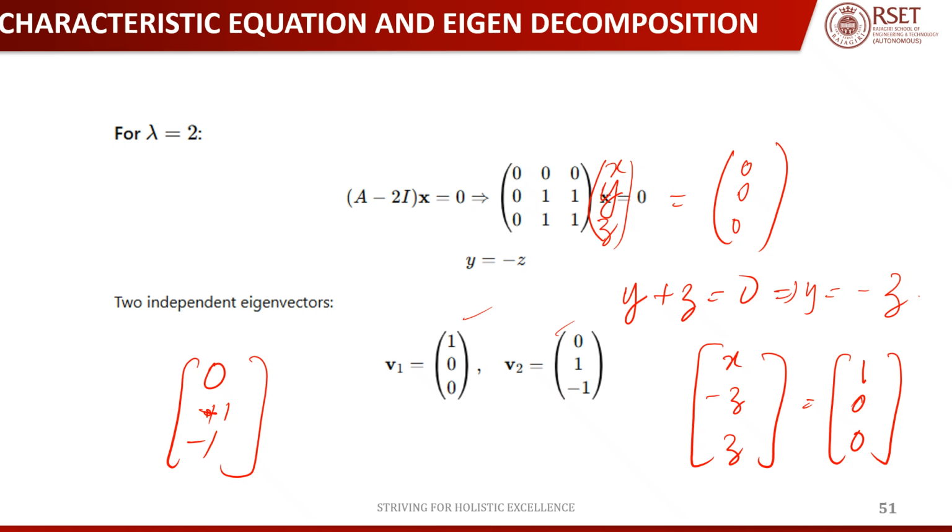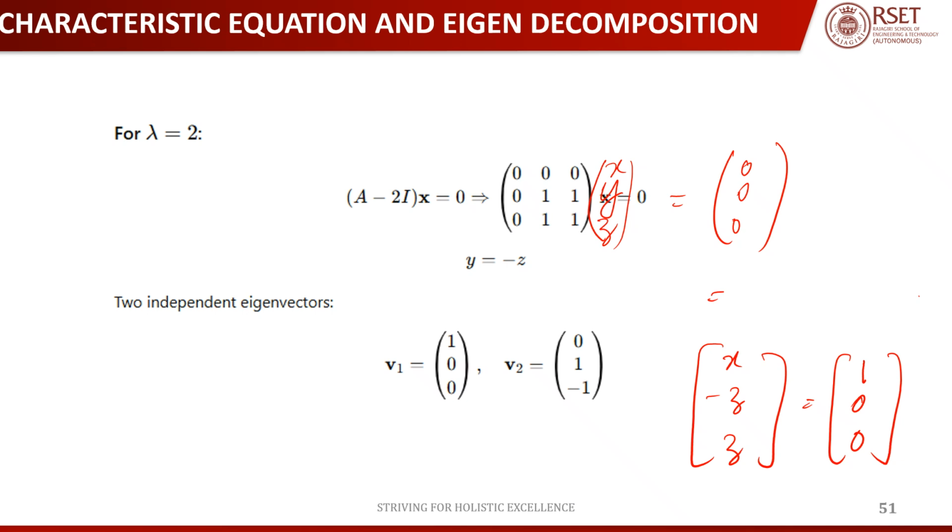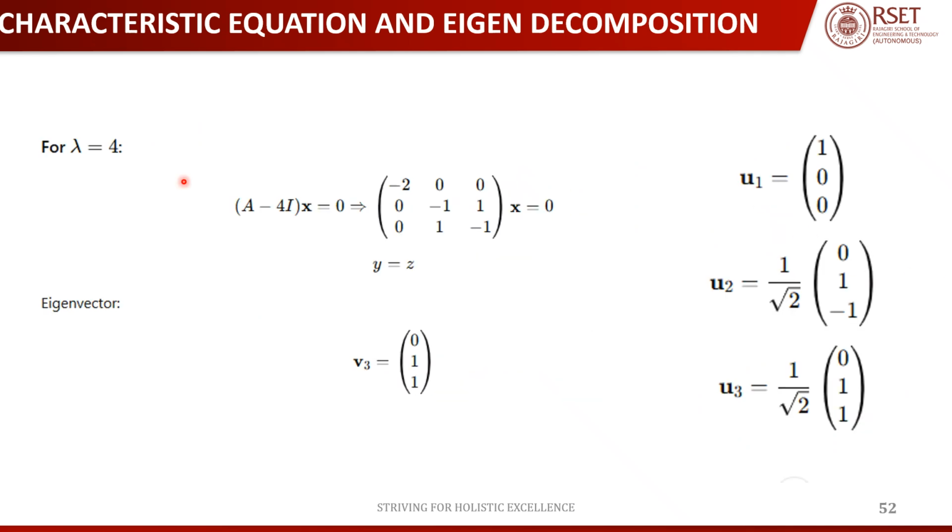In order to get P, we'll just normalize them. Before normalizing we need to find v3 also. Lambda equal to 4 was the other eigenvalue.